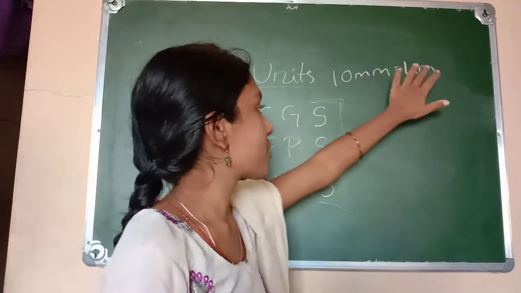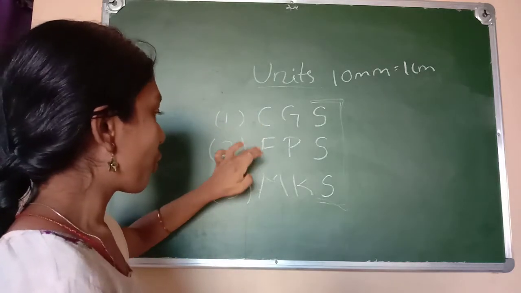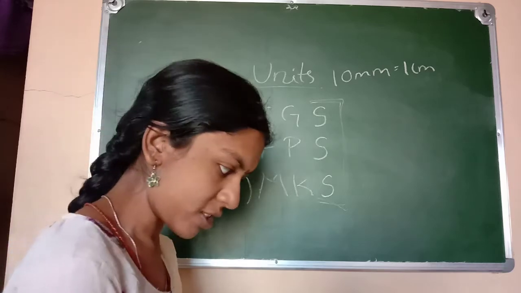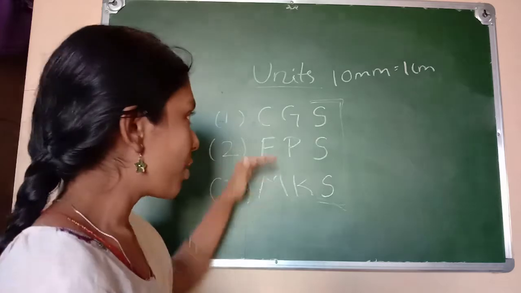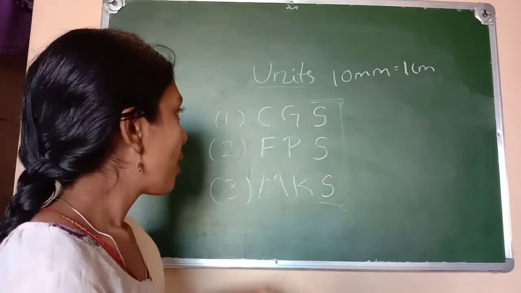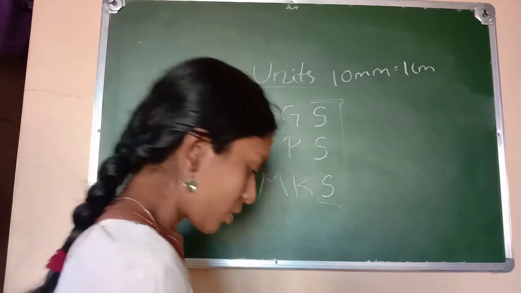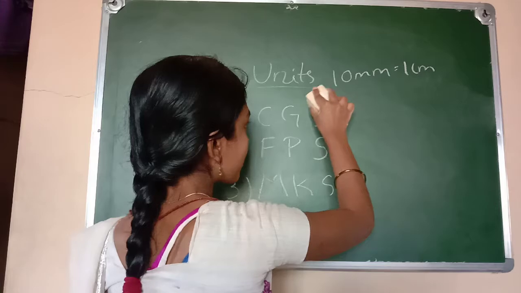Similarly, centimeter to foot, foot to meter, meter to centimeter, all the conversions are available. That's true. But how would you know in which system you should follow? Why are there three different systems? So let me come to that.